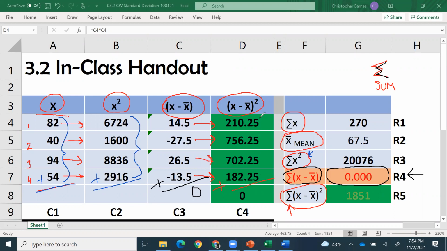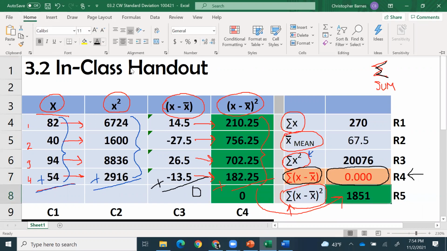And when we add these values all up, that's when we get this value right here. And that value, just in case you can't see it, that value is 1,851.